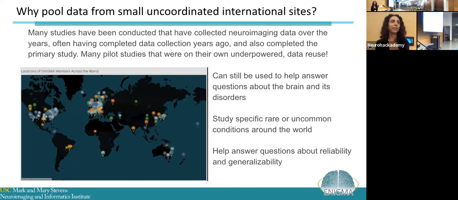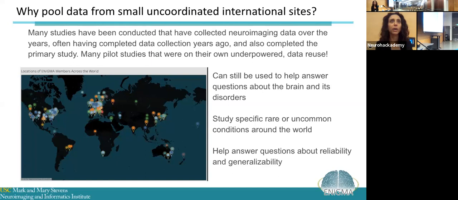On their own, it might be underpowered for a specific analysis, but that doesn't mean that it can't be useful to help answer questions about the brain, maybe certain disorders. There are specific studies of rare or uncommon conditions or populations of individuals. It'd be great to know if a finding that we have also generalizes to other populations that might be less commonly collected.